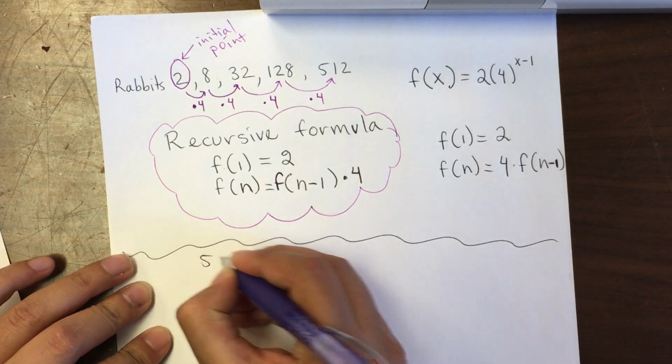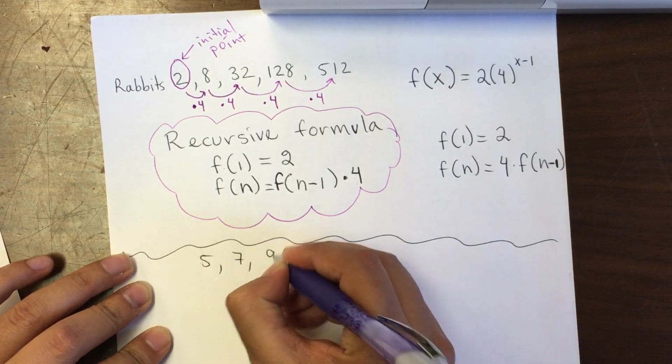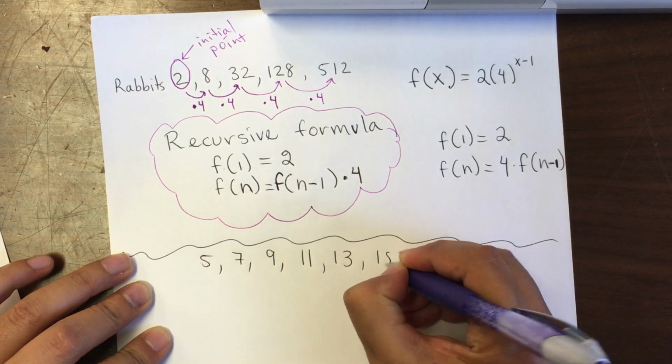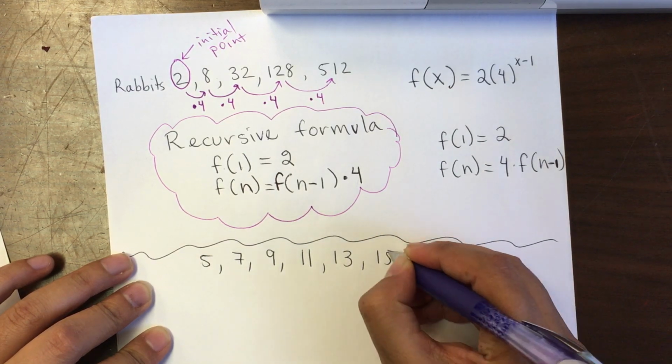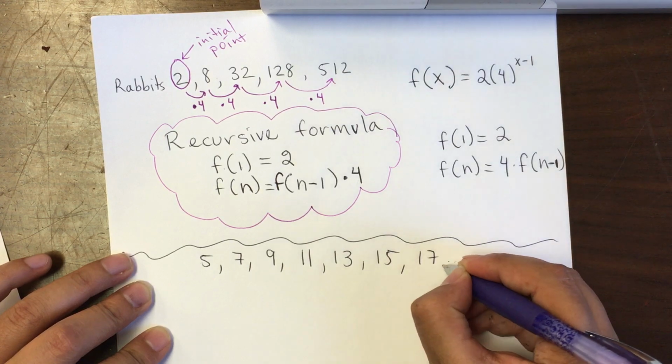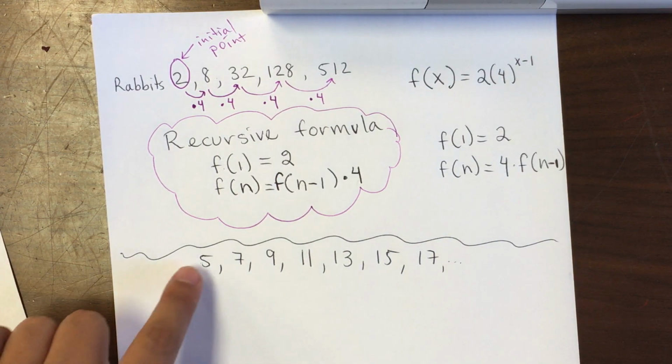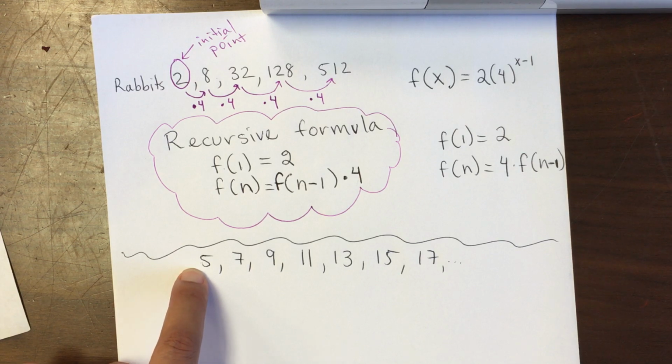Okay, there is one. 5, 7, 9, 11, 13, 15, 17, and so on. So how do I write the recursive formula for this sequence?